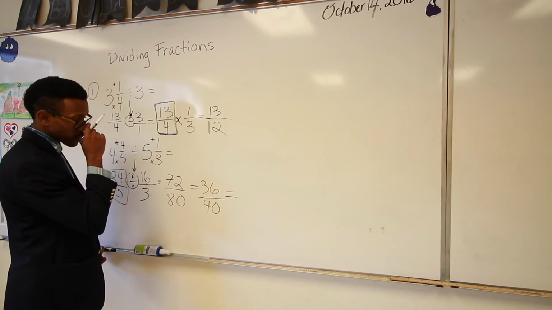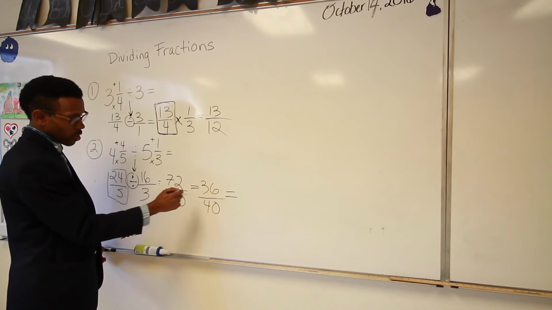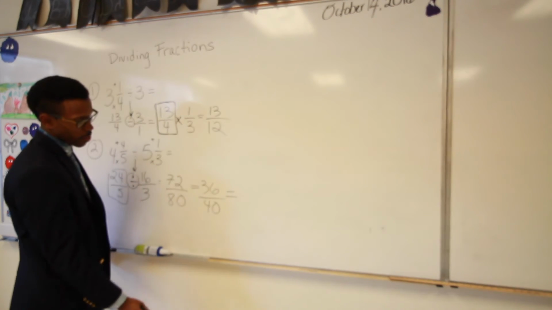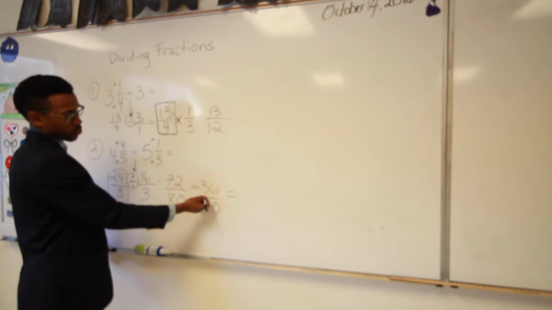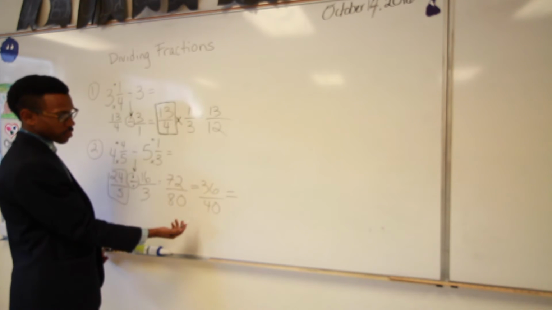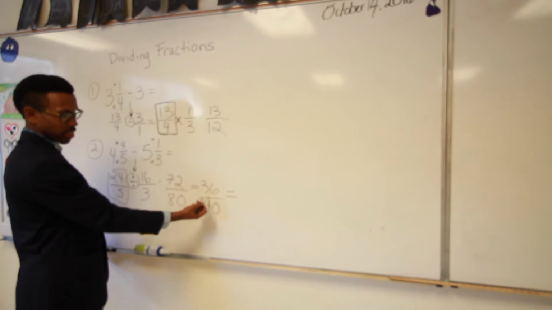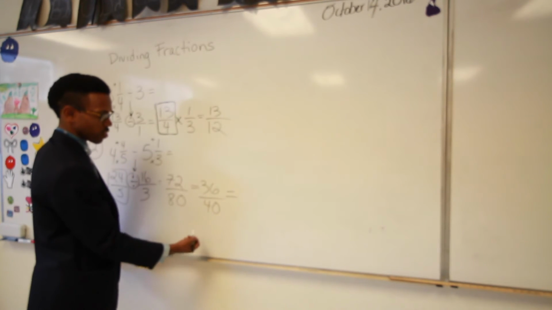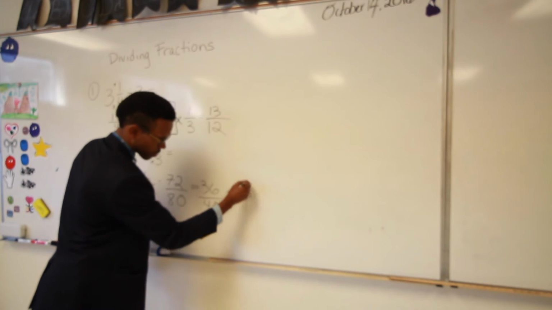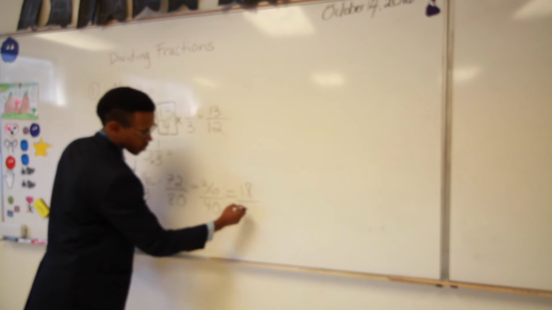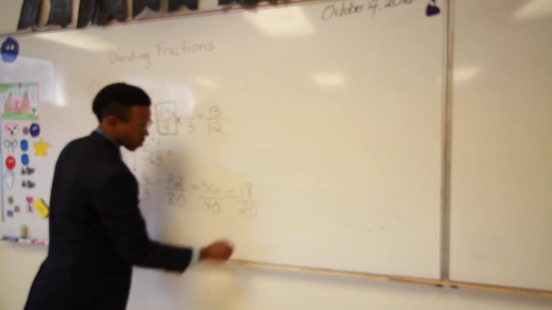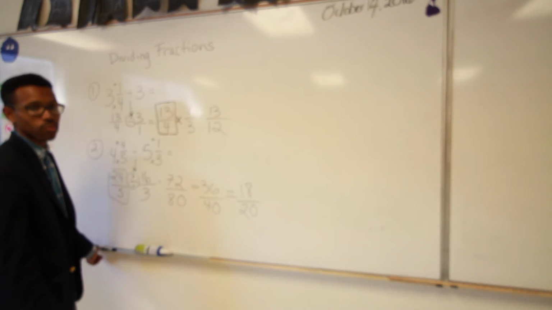We have 36. 36 divided by 2. What would that give us? Well, half of 30 is 15. Half of 6 is 3, so we'll add 3 more to the 15. That'll give us 18. 40 divided by 2, we'll break that down to 20. And now we have 18 over 20.